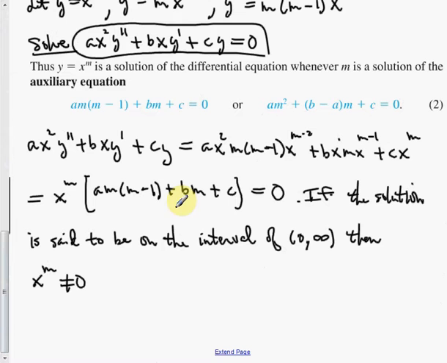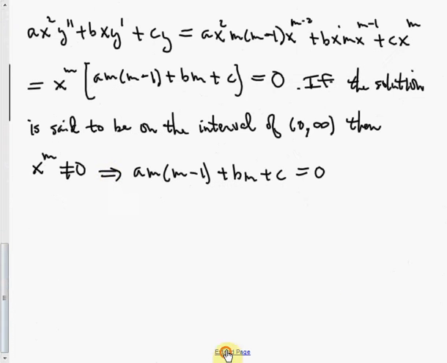So that means what's in the bracket has to be equal to 0. So this implies that a times m minus 1 plus b times m plus c is equal to 0. You can simplify that. This is a m squared minus am plus bm plus c is equal to 0.